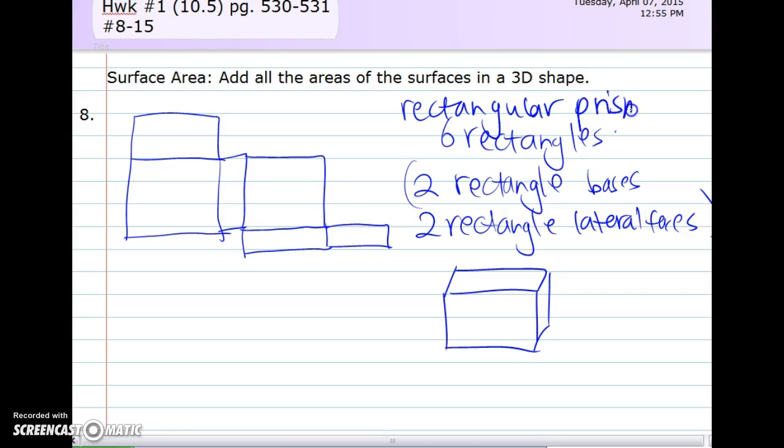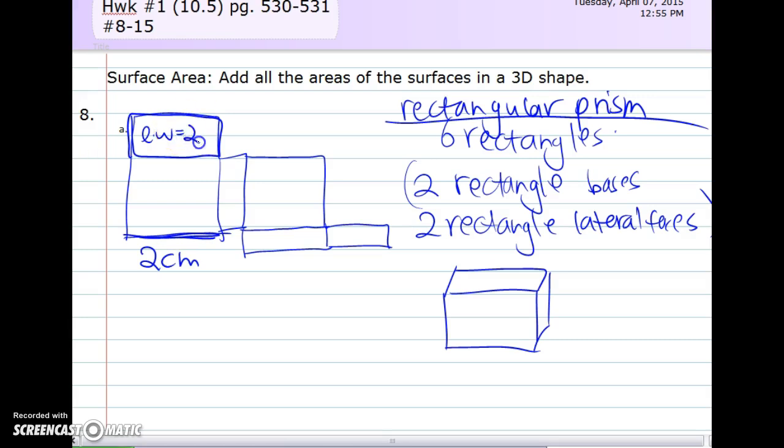But let's look at each of the pieces here. What we're going to do is find the area of each rectangle. So let's first look at the one at the top. The length and the width is what I need, and the length of the bottom is indicated by the 2 centimeters at the bottom, because that length here is the same as that length right here.